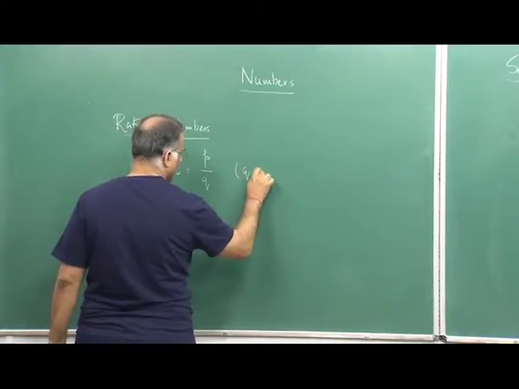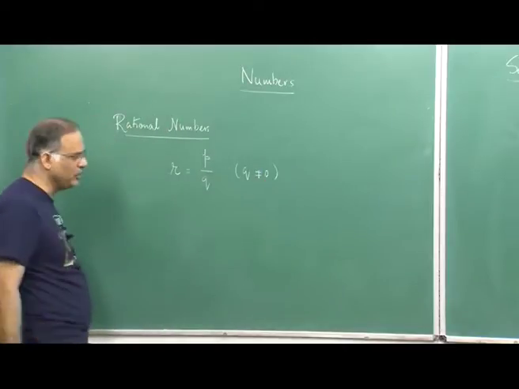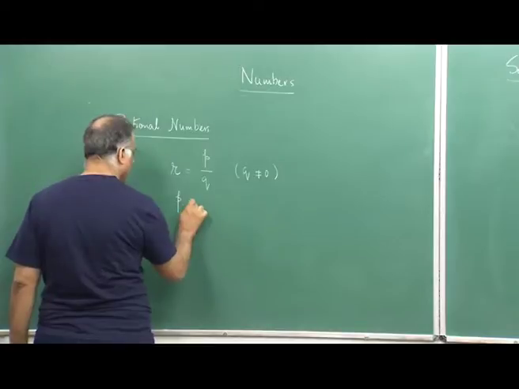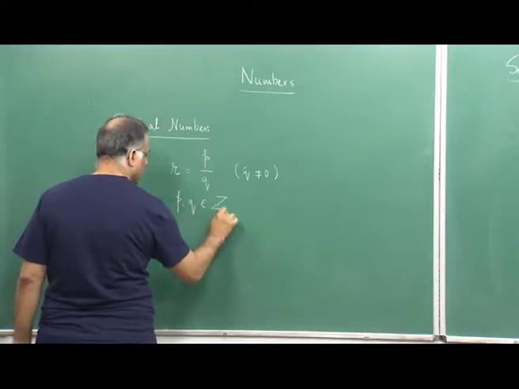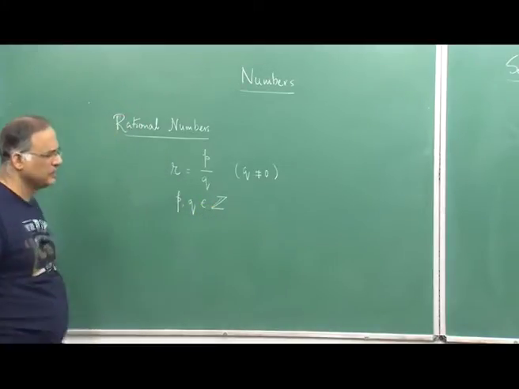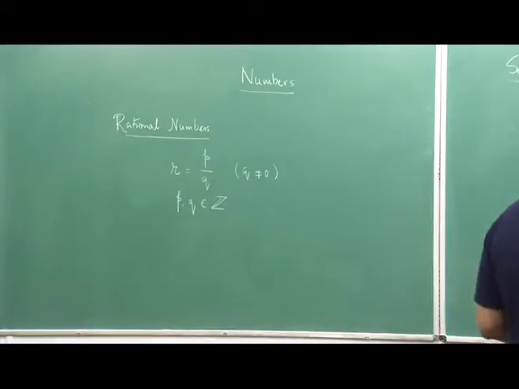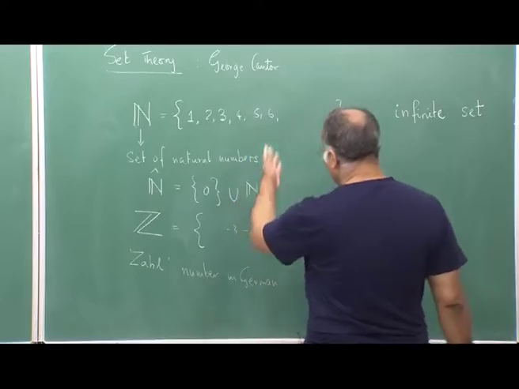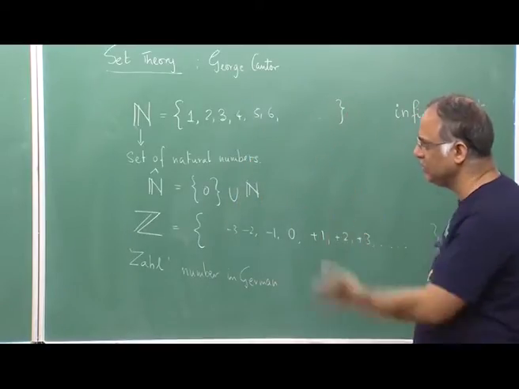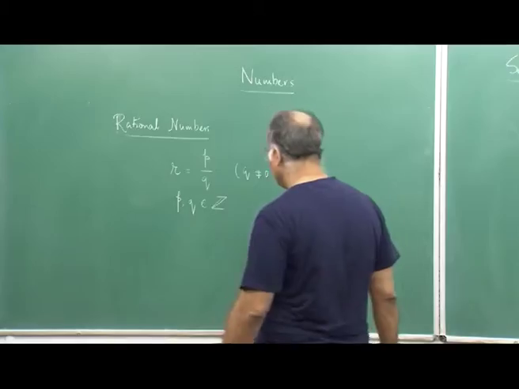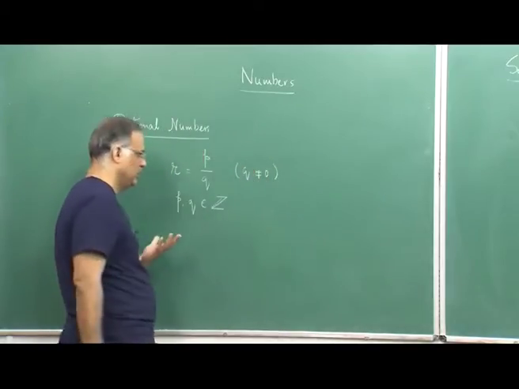Of course, you know very well that division by 0 is not permissible, and here p and q both are in the set of integers Z. So, now we have got our natural numbers, negative numbers, we have got 0, we have got fractions. The question is, do we need anything more other than these rational numbers?